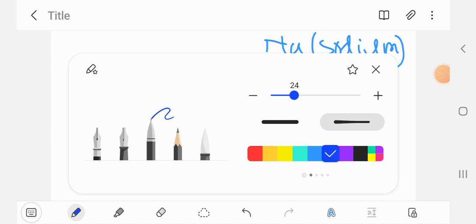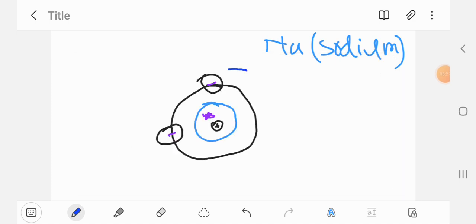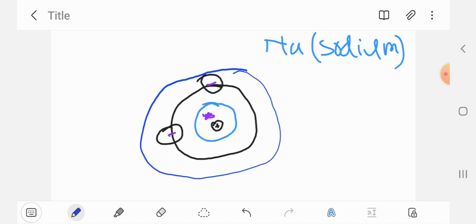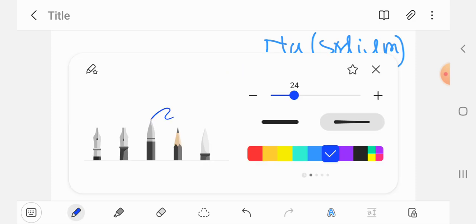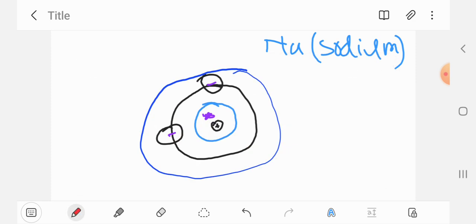So on the second layer we have 8. So we're gonna have 1 here, 2, 3, 4, and then that's 5, 6, 7, and 8. Those are electrons. Remember, they are all negatively charged.